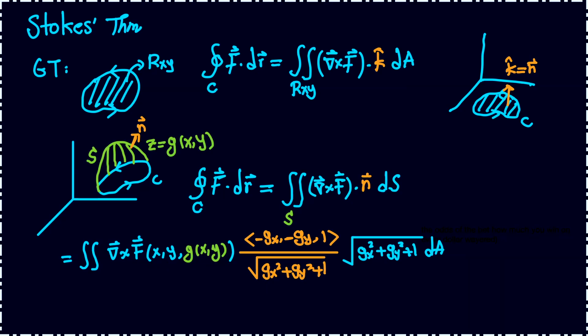And we're going to integrate over the projection of the surface in the xy plane. We're going to call that R of xy. And we have orientation of the curve. If the curve is positively oriented, which we typically associate with counterclockwise, then we always take the upper n, not the lower n.